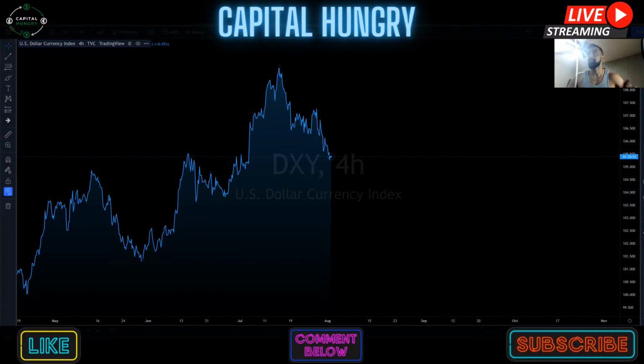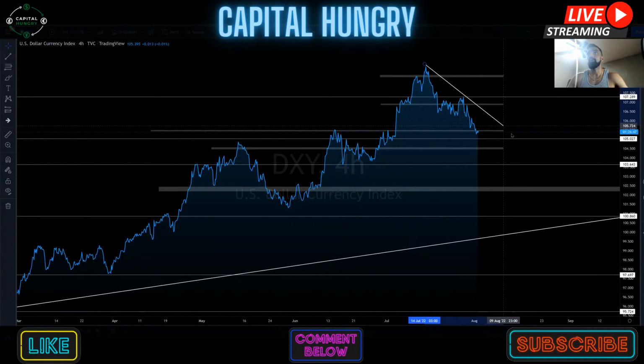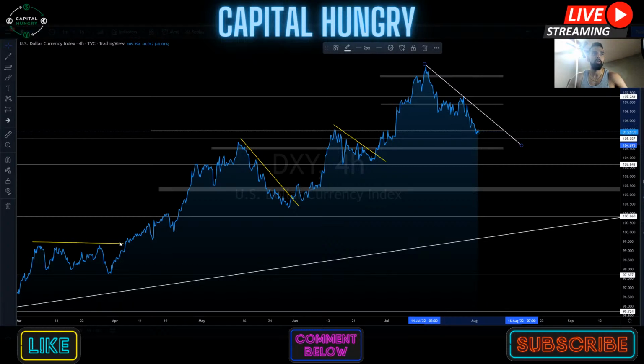Now let's bring this information together in even more detail, right? What we can currently see is, as previous similar situations of pullback, we can mark out some structure here across the board. This pullback on dollar can easily extend to 103 previous highs in demand zone before seeing any further upside back in play.